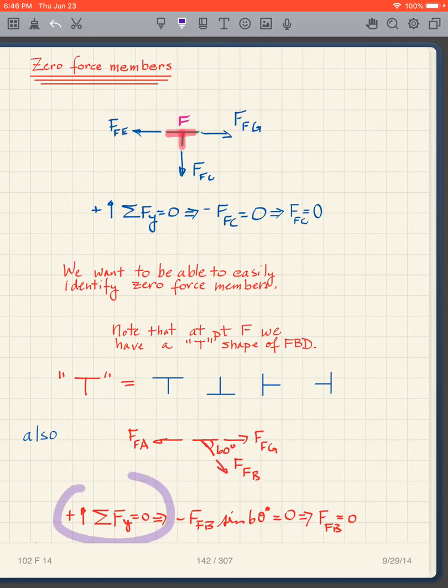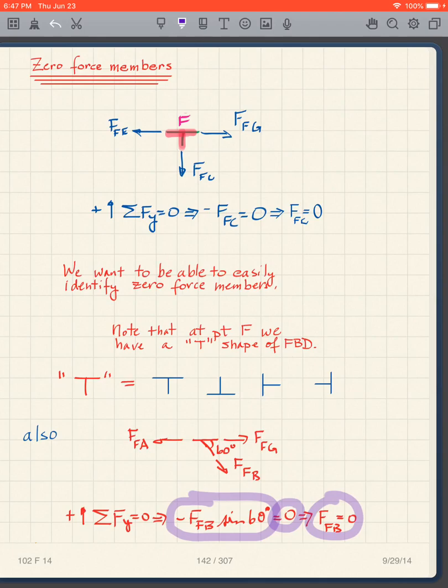I take the sum of the forces in the y direction equaling 0 again. None of these contribute. So this heading downward, we should be able to do this now without drawing more diagrams. I'm going to have minus FFB sine 60 equals 0. Well, what happens? I still get FFB equals 0.